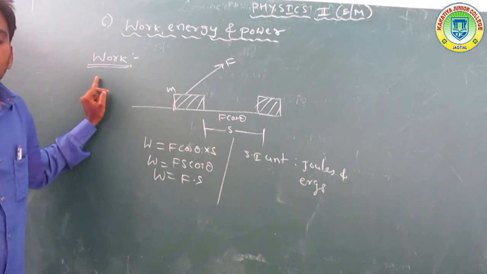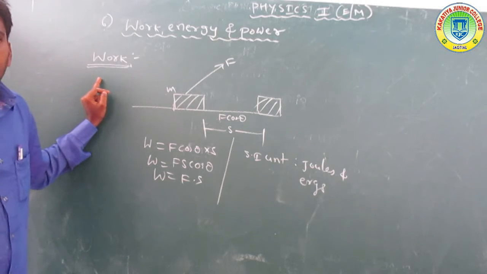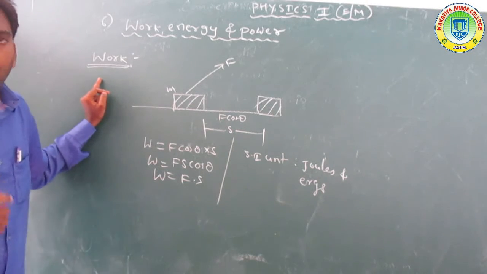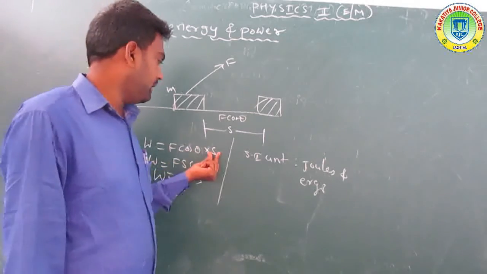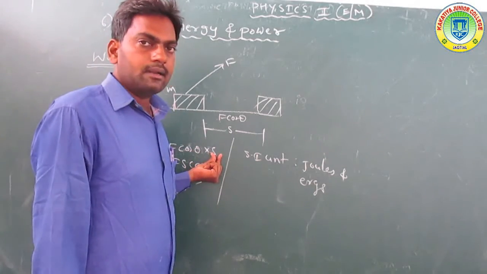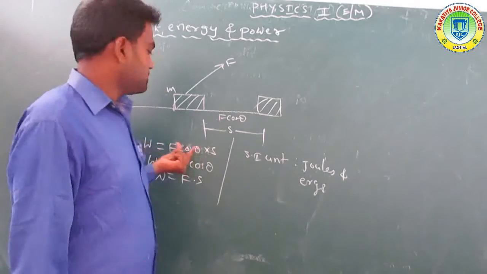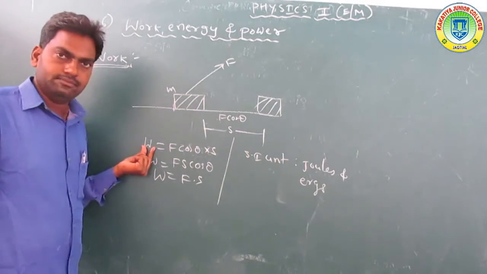Now how do we define work? Work is said to be done when a force is applied on a body, and it is the product of the component of force along the direction and S, the magnitude of the displacement. That is called work done.